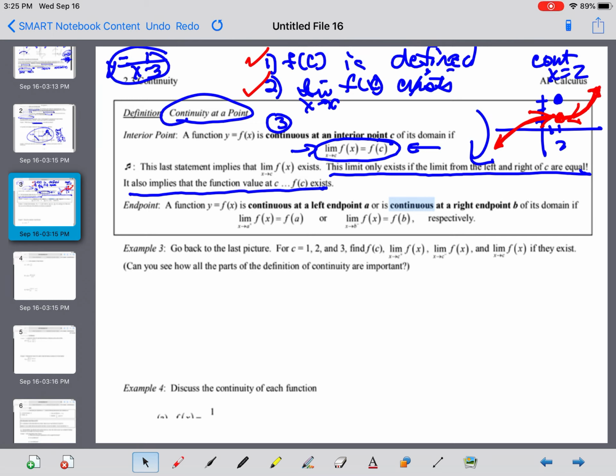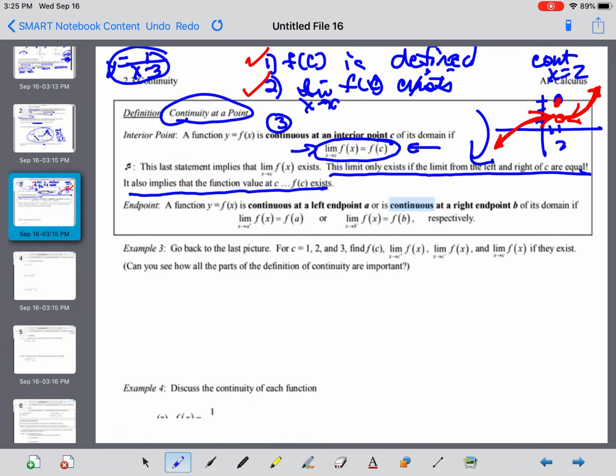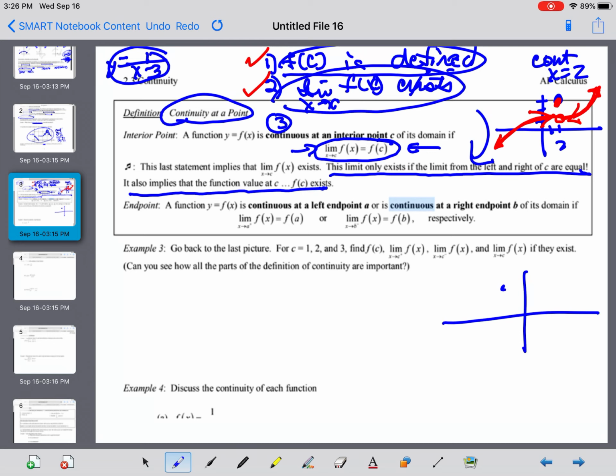So the way it would be continuous is if f of c is defined, there is a dot at f of c, and the limit of f of x as x approaches c exists, and those are one and the same. Then it's continuous.